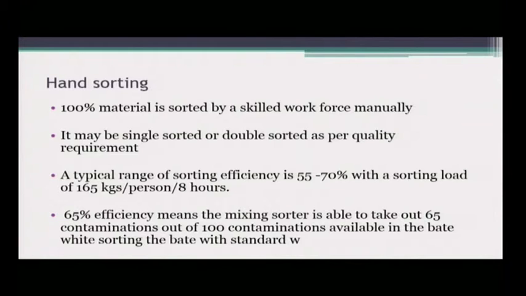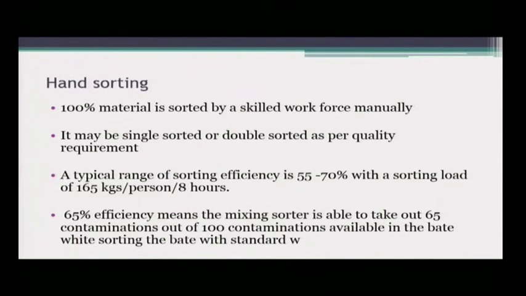So what generally is done in India, this practice is there, is hand sorting. That is, manually, you scan the fiber, the bale, and try to extract. So 100% material is sorted by a skilled workforce manually.